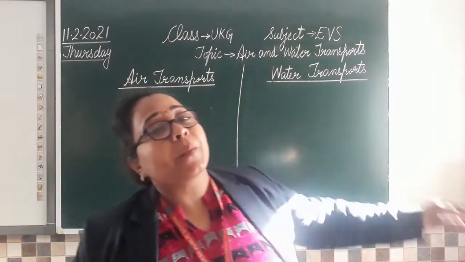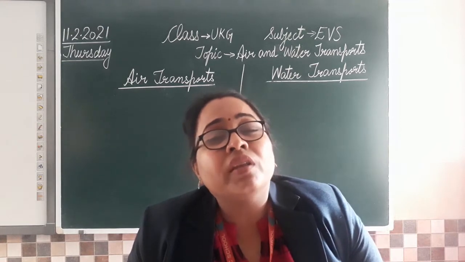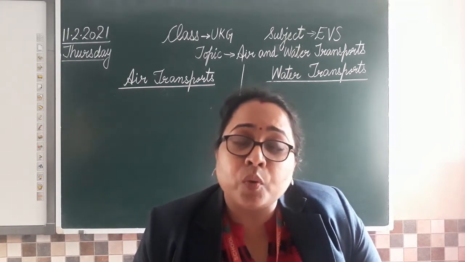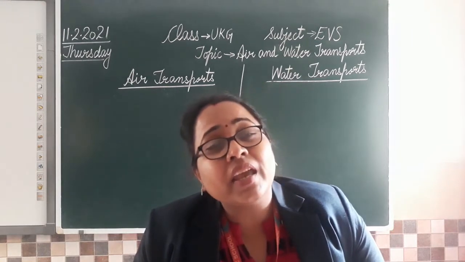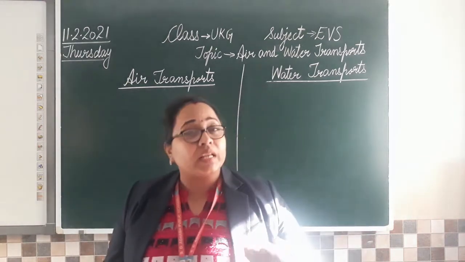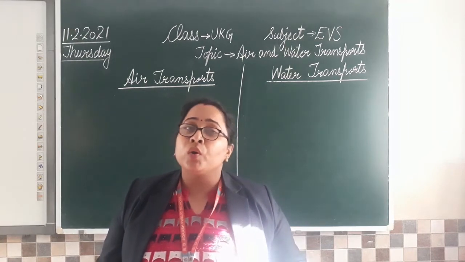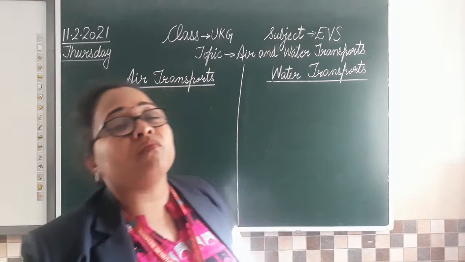So you all are prepared to begin with the class then? Great. So for this you have to do today's work in your EVS notebook. But before starting your work, let's see and write the names on the board, and then I will tell you how you have to do this work in your notebook. Okay class? Great. So now let's begin with the work.